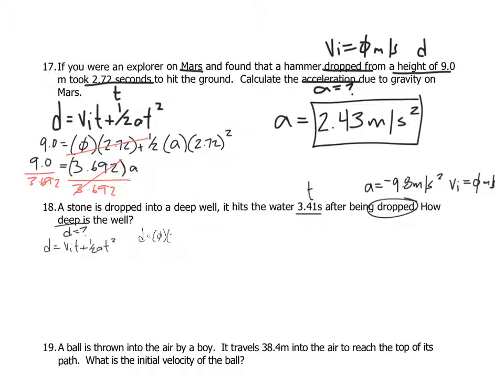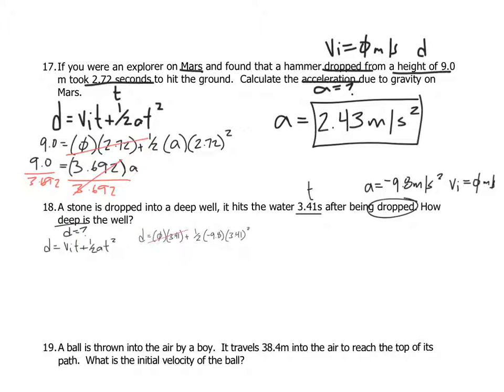Time is 3.41 seconds, plus 1/2. Acceleration is -9.8 times 3.41 seconds again, squared. Anything multiplied by 0 is 0, so that goes away.